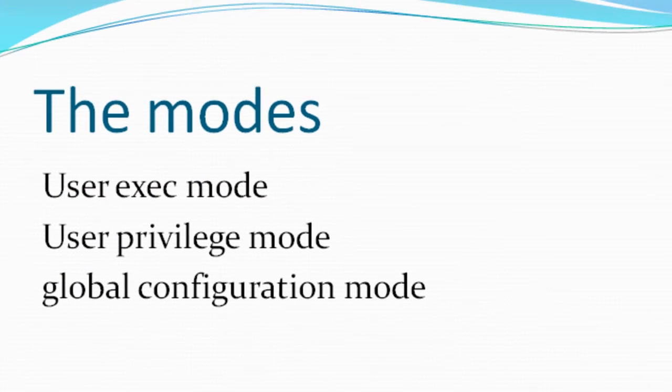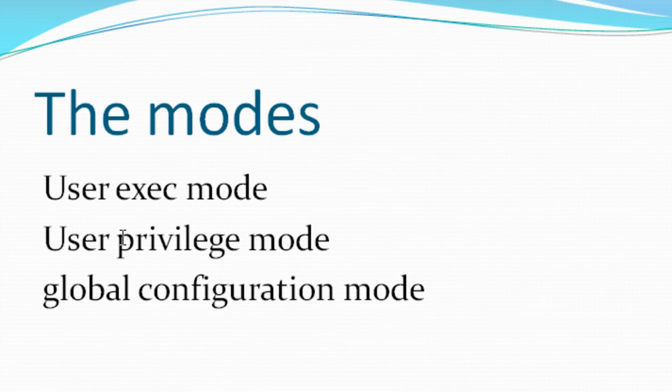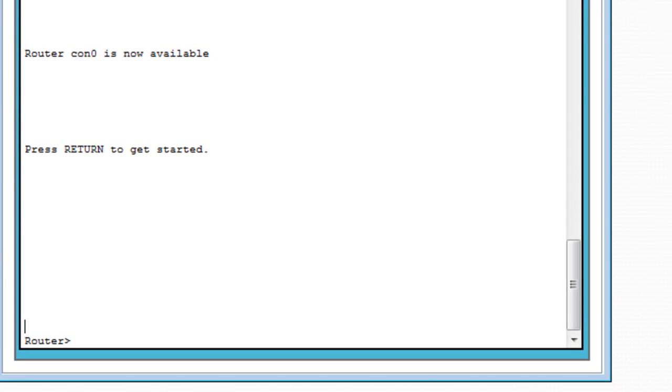After that, let's go back to the presentation. We have what we call the privileged mode. In this mode, we can do all the show commands we want. In order to get to privileged mode, let's go back to Cisco Packet Tracer.